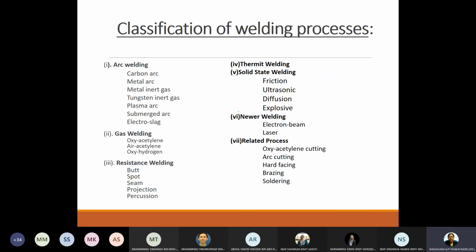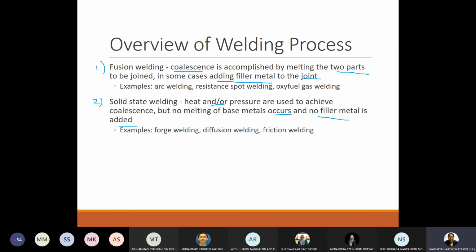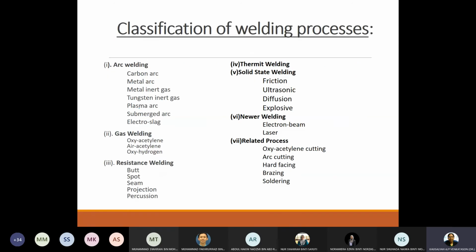So here the welding is classified into different groups. Well, this is the general grouping. Now we come into the methodological grouping of what we use to perform these welding processes. Hence, we have arc welding, where we use different types of arcs. So we have metal inert gas, which is called MIG welding, tungsten inert gas, then plasma arc welding, submerged arc welding.